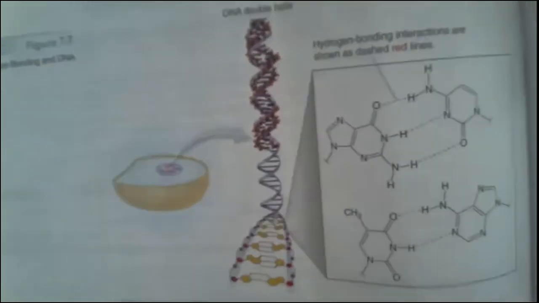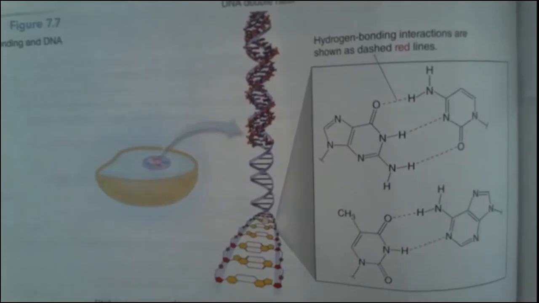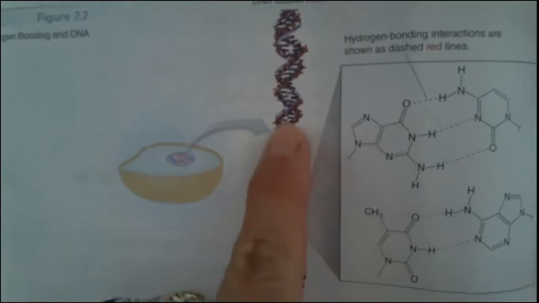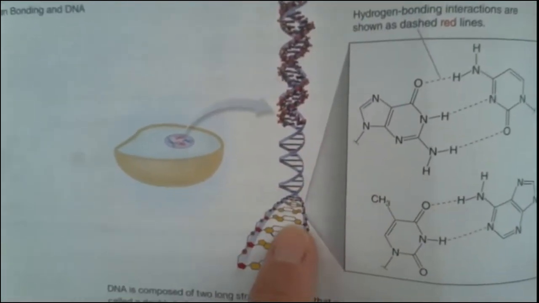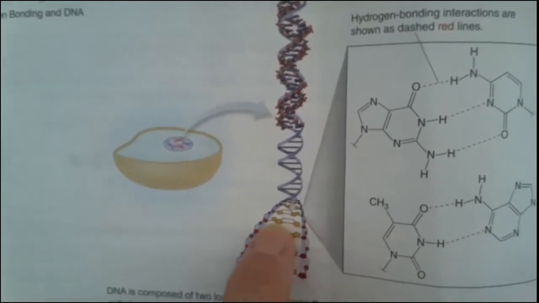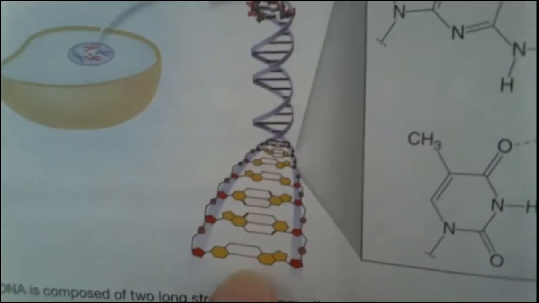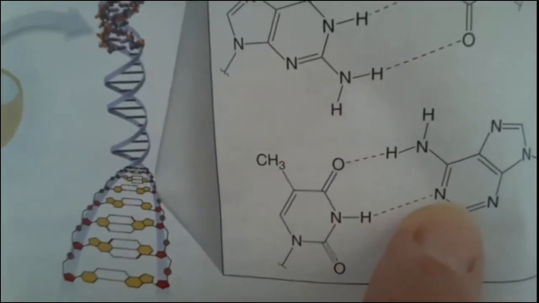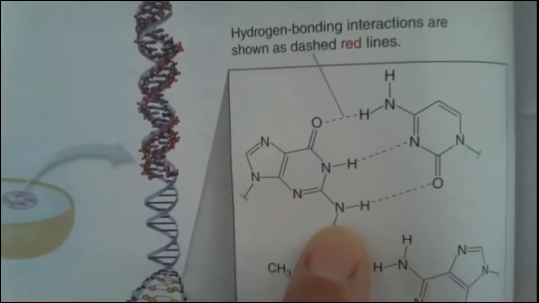The DNA in the double helix that we see in the nucleus of every cell in your body, except for red blood cells, has this double helical structure, and the only thing that's holding together the two helices is hydrogen bonding between molecules. These little red lines here are showing hydrogen bonding, and they're shown over here too, right? A hydrogen bonding to a nitrogen, a hydrogen bonding to an oxygen, and so forth.